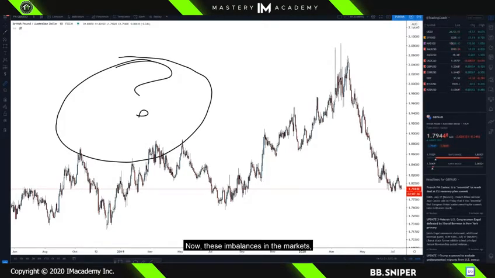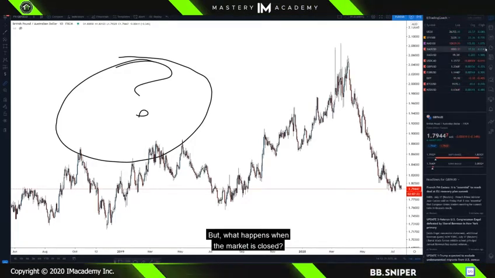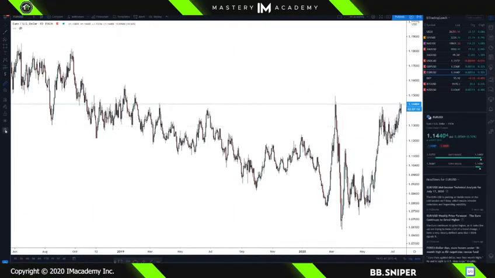Now, these imbalances in the markets can happen while the price is moving, while the market is physically giving us updates second by second. But what happens when the market is closed?